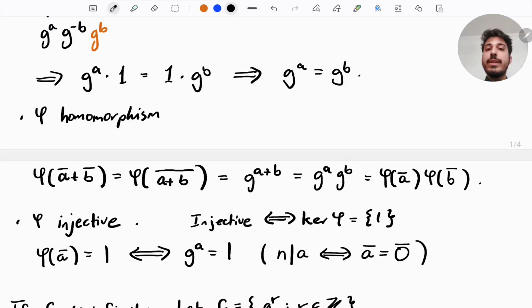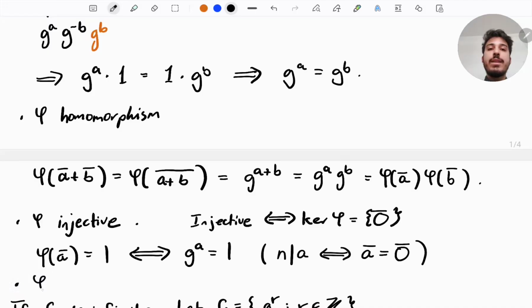So we concluded that if phi of a bar is equal to the identity, then a bar necessarily is equal to 0. And if a is equal to 0, of course, phi of 0 is equal to the identity. Therefore, the kernel of phi is exactly the identity, which is 0 bar in Z mod nZ. Therefore, phi is injective.